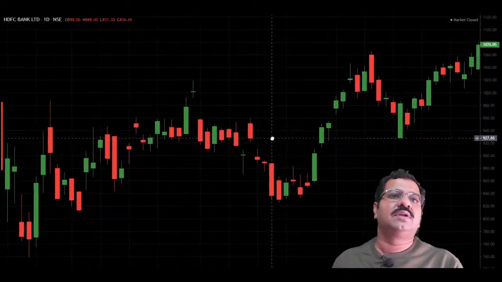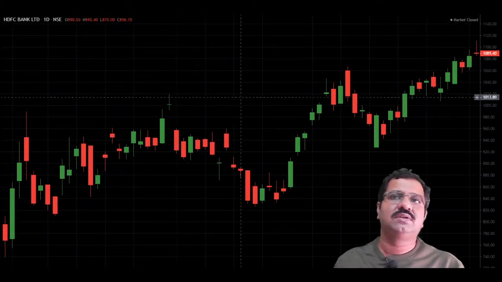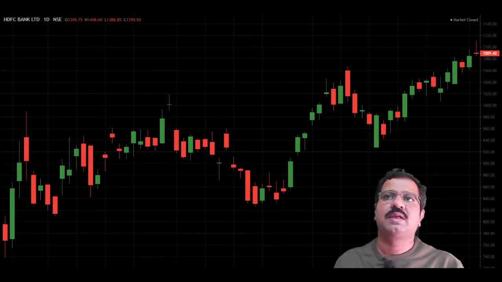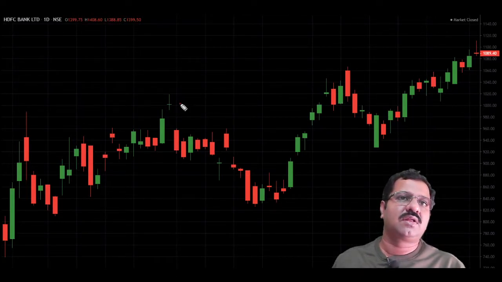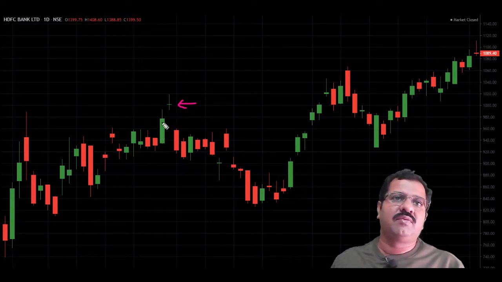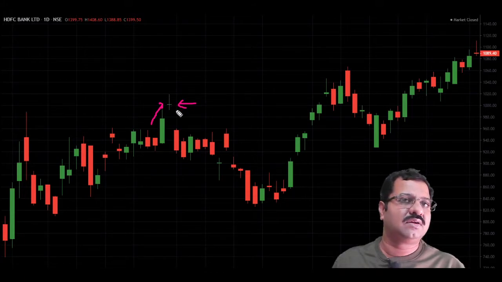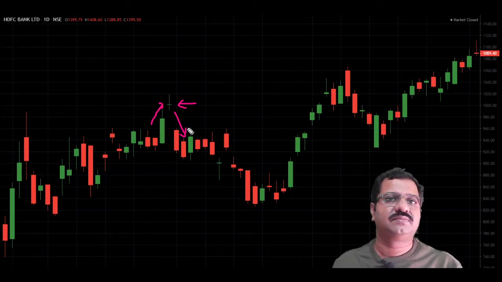See here, this is nearly a doji candle, this candle, right? Price was going up, this indecision candle formed, and then there was immediate reversal.